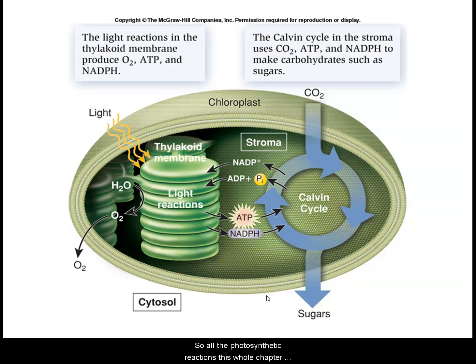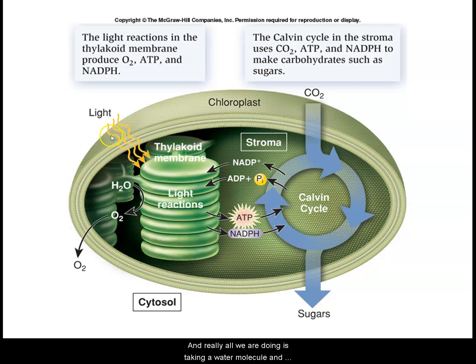So all the photosynthetic reactions, this whole chapter, can be summarized in this image here. Again, you now are more familiar with the structure of a plant cell. We've zoomed in within just a chloroplast itself, and we're looking at one set of grana, one set of thylakoid stacks.